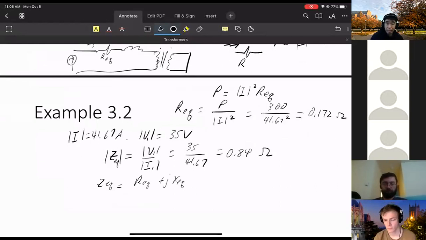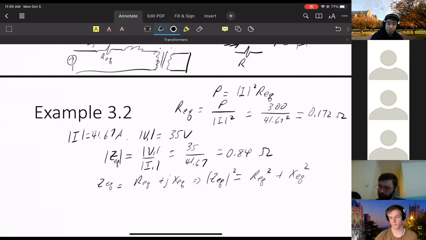Using a complex number equation, the square of the magnitude is the sum of the squares of the real and the imaginary parts.